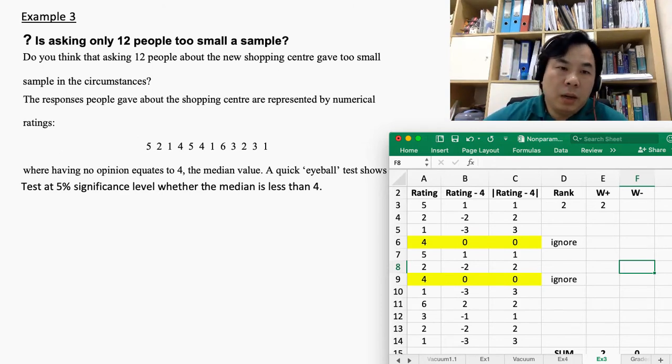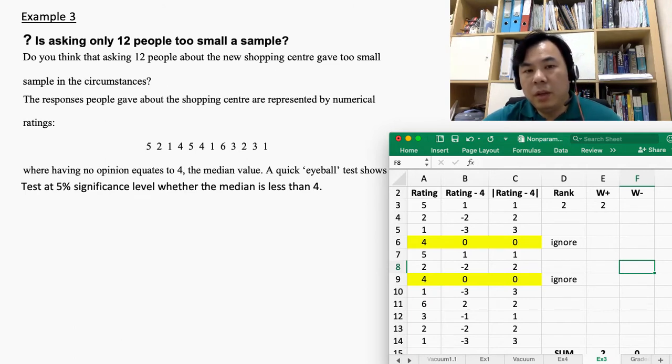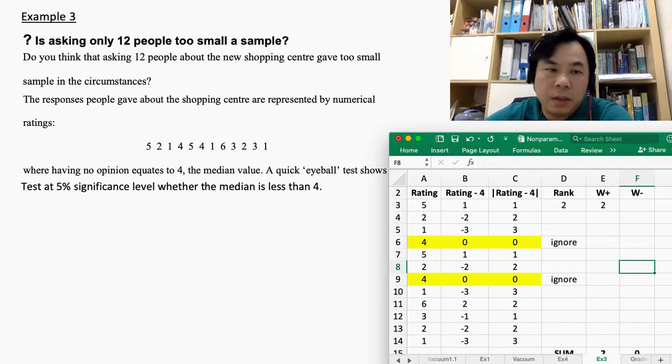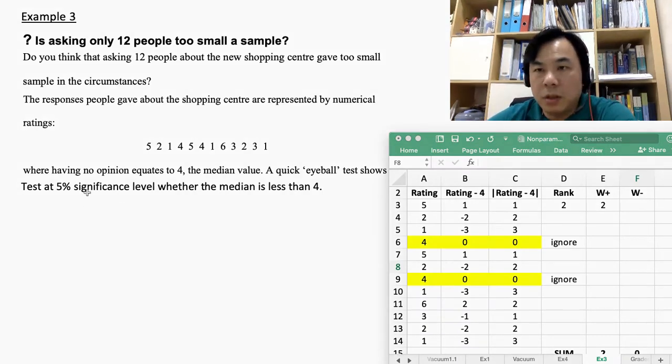But how would the result look if you carry out the non-parametric test at 5% significance level using the Wilcoxon Signed Rank test? The test here is whether the median is actually less than 4 at 5% significance level. Now let's determine the hypothesis statement first.